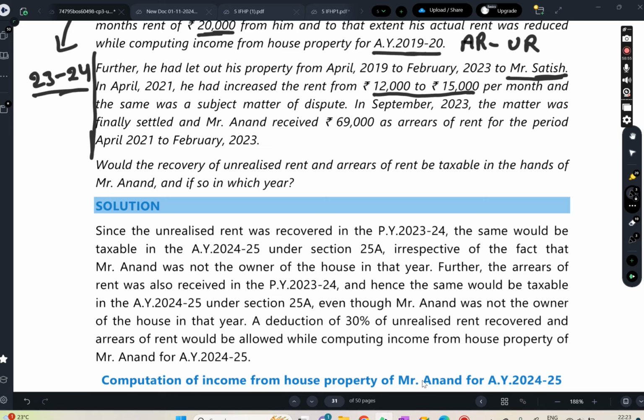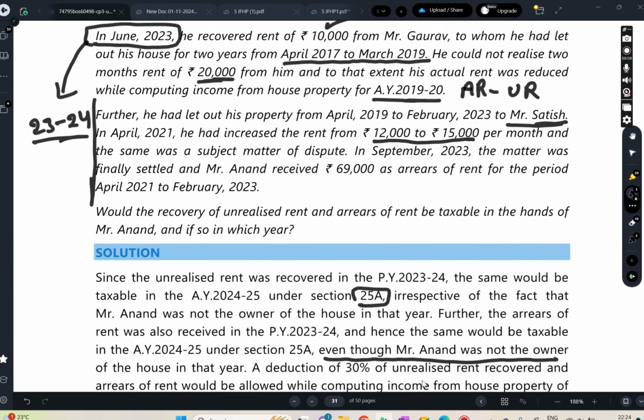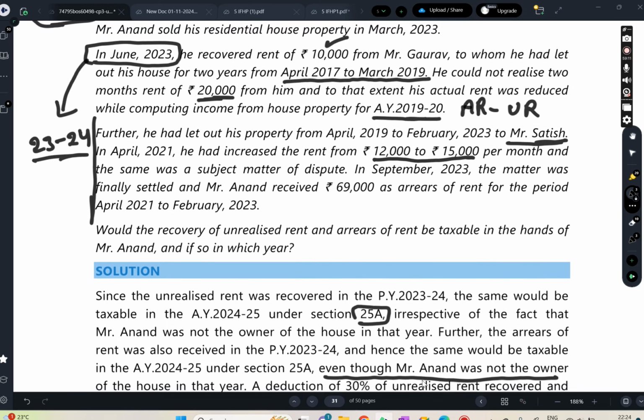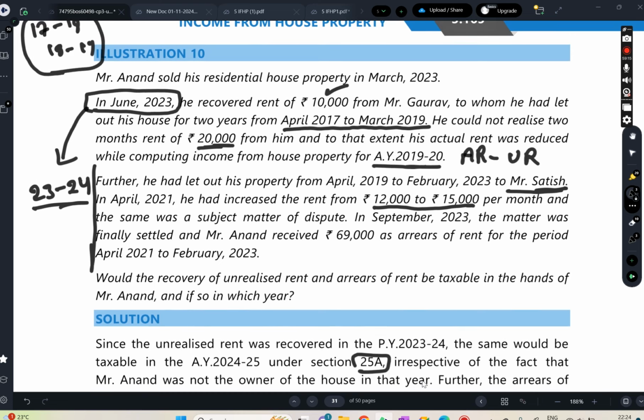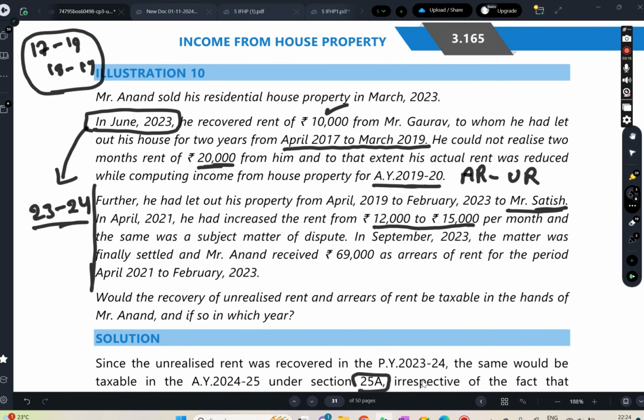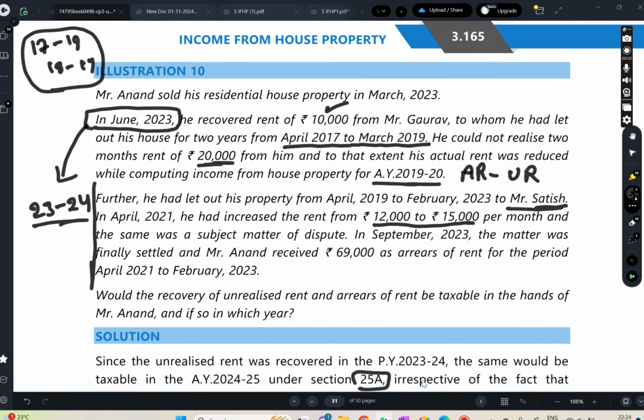Now section 25A says, what does it say? Whenever we receive it we will tax it. So even though Mr. Anand was not the owner of the house, because in the beginning only they started, Mr. Anand sold his residential house property in March 2023.